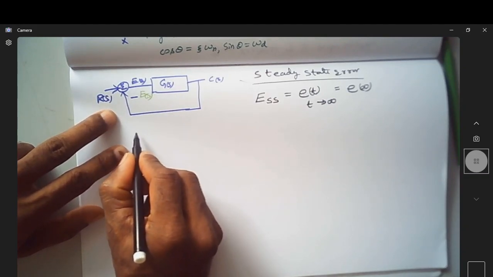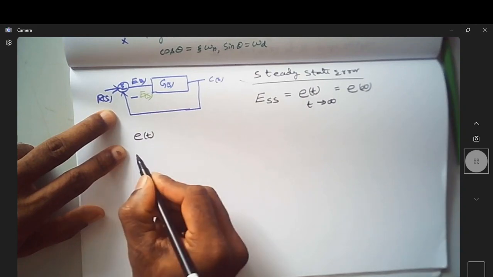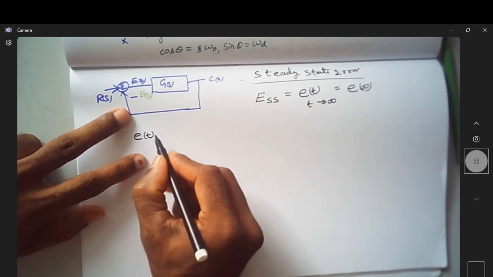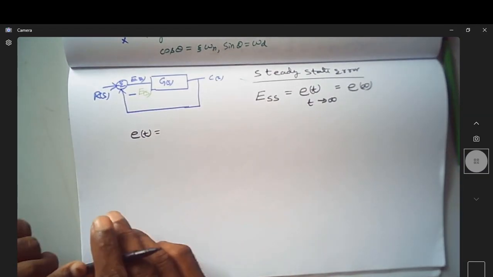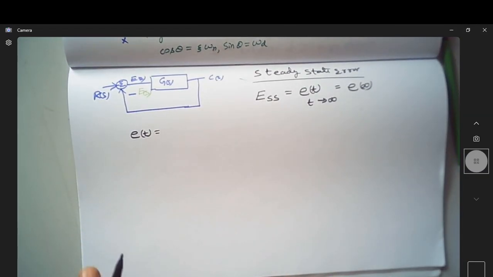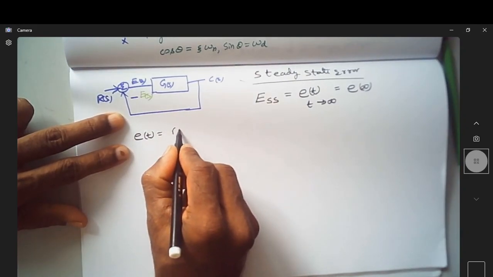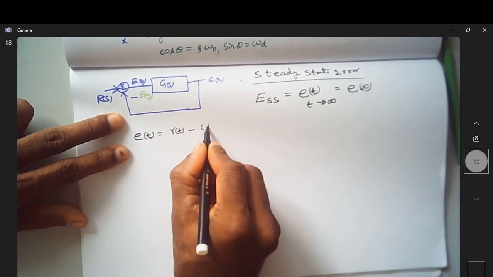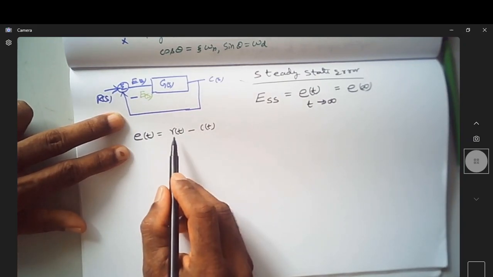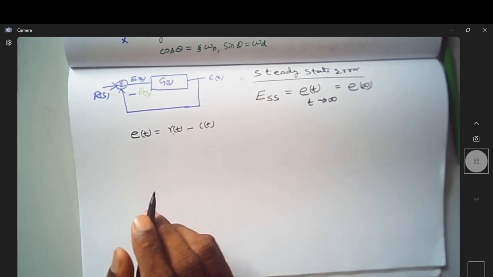So I can say the error of a system is nothing but how much it is deviating from the expected value. My expected output is r(t), the actual output is c(t). The deviation from the expected to the actual is the error.